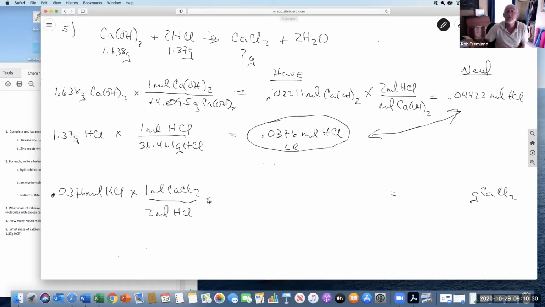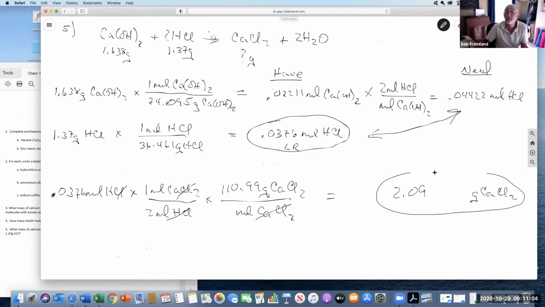Yeah, then I use the molar mass. All right, divided by 2 times 0.0376 is 2.09. And you want only 3 sig figs.